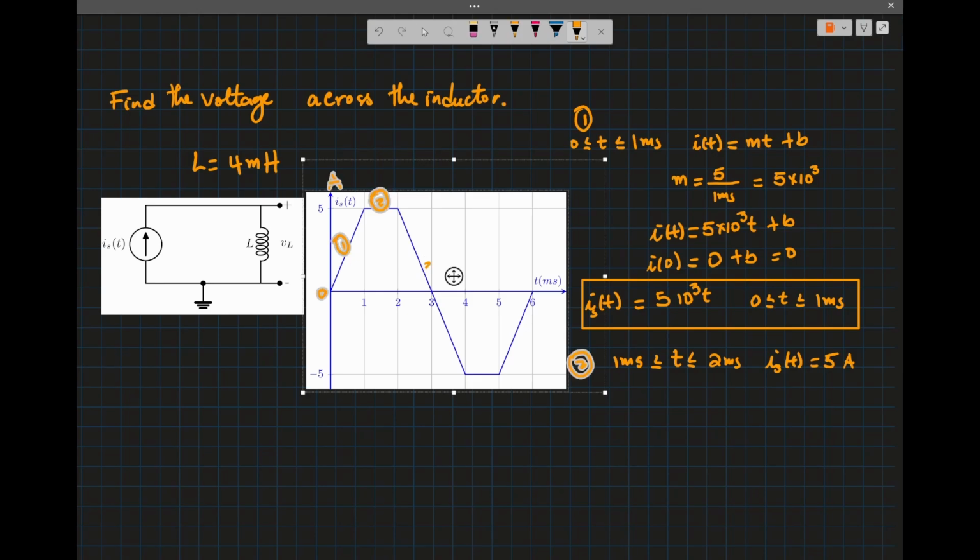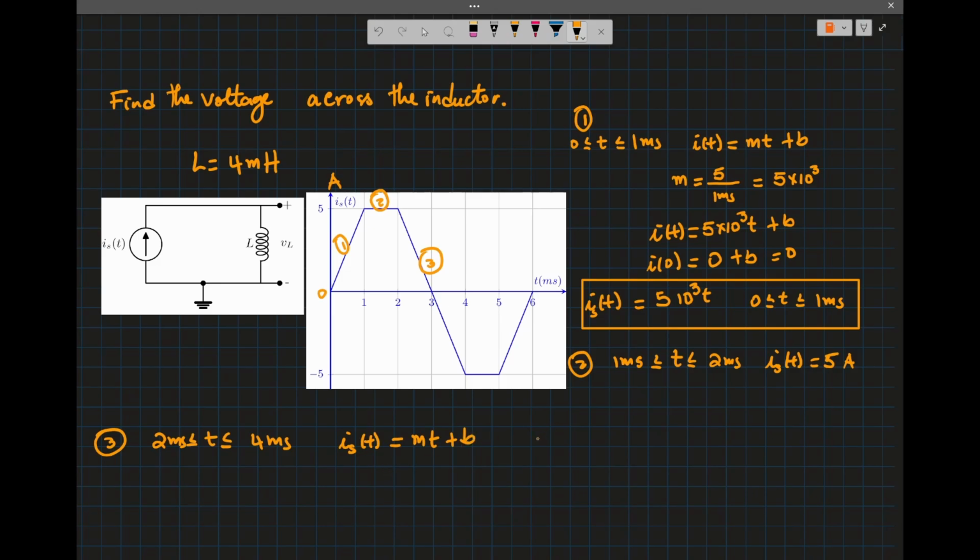Now let's find the equation for section 3. So that's section 3. We have 2 milliseconds less than or equal to t less than or equal to 4 milliseconds, and the equation of the line there is still i of t, which is a line, so mt plus b.